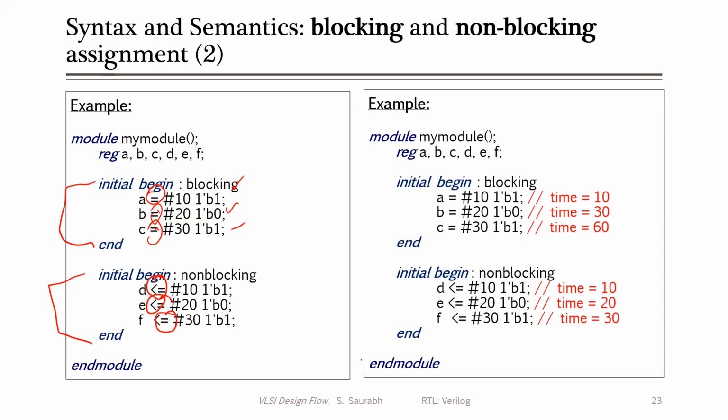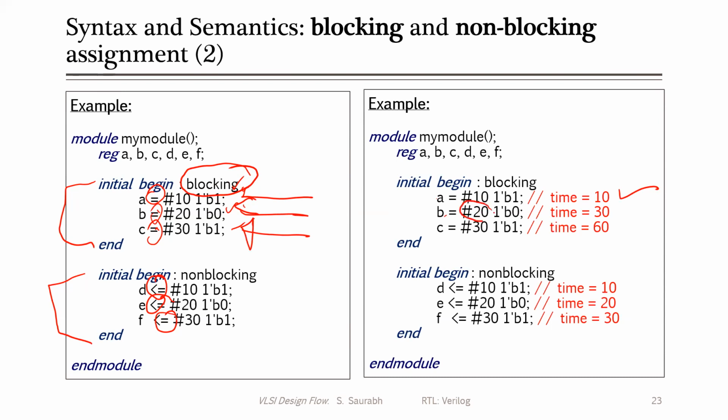See, blocking assignment is similar to a general programming language like C or C++, whichever programming language you are exposed to. One statement will be executed, then the next, and then the next, right? So A will be executed after 10. Now B will be executed.